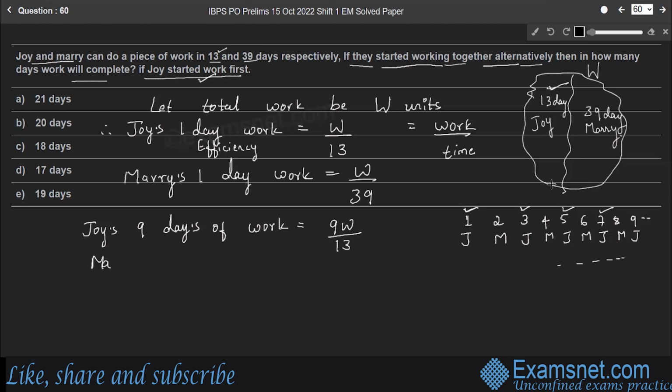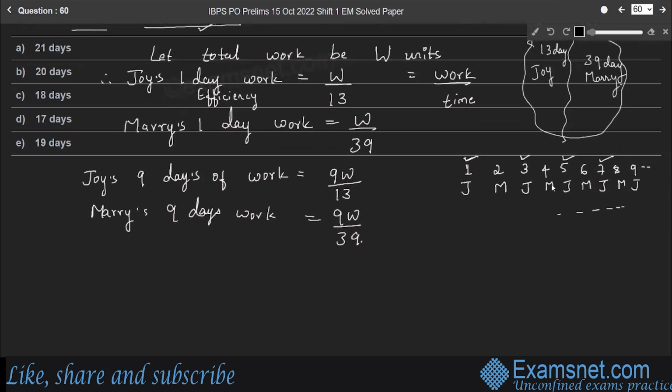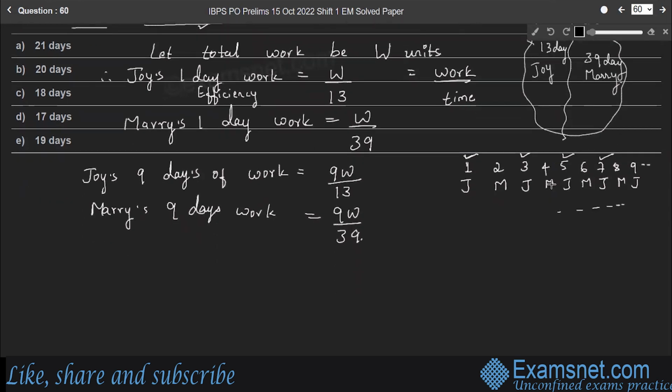Whereas Mary's 9 days work is 9W by 39. So Joy works for 9 days and also Mary works for 9 days. Total time is 9 plus 9, 18 days. Together they are taking 18 days.